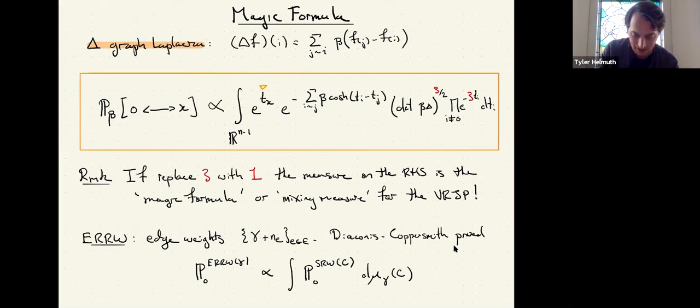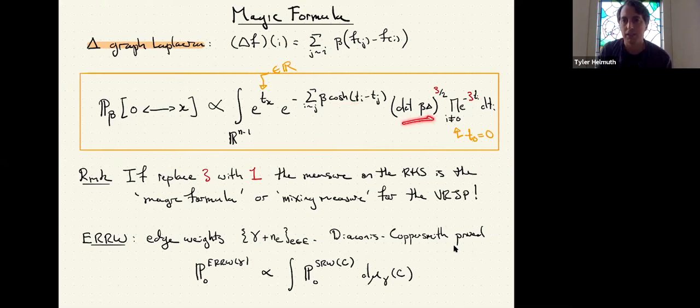So each t lives in R, and I'm integrating over R^(n-1) because I fixed t at some fixed vertex 0 to be 0. And then what am I integrating? Well, it's e to the sum over all nearest neighbor edges, beta times cosh(ti minus tj). There's a determinant of the Laplacian.